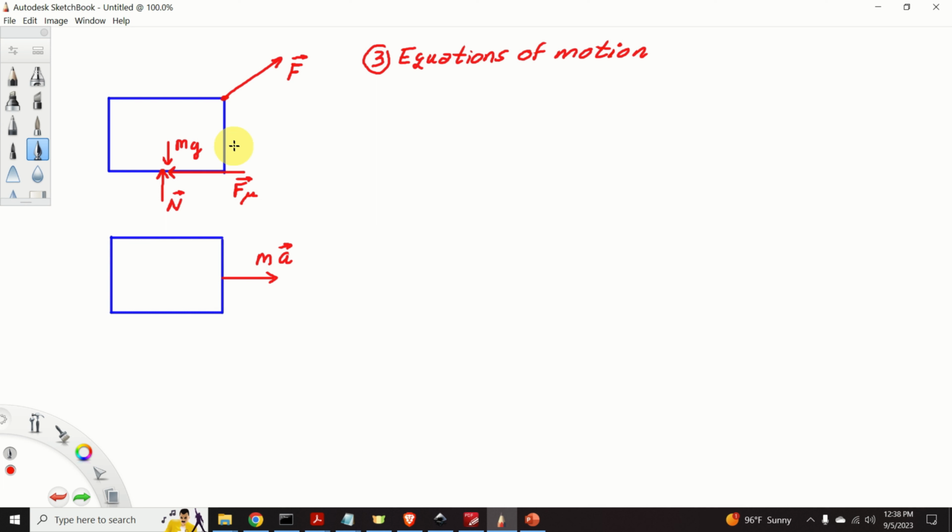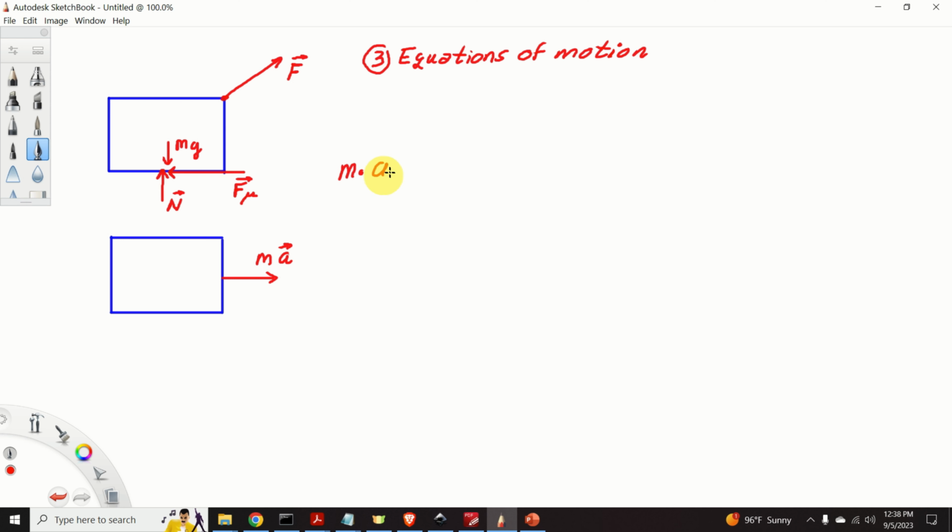To make this video tutorial as clear as possible, over here I repeated the free body diagram and the kinetic diagram. The next step is to determine the equations of motion. To construct these equations, we need to apply Newton's second law. Let us write Newton's second law in the vector format.